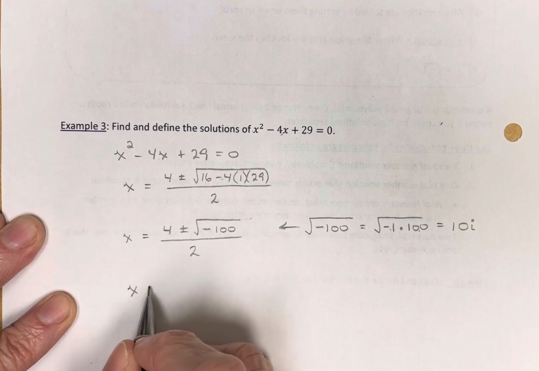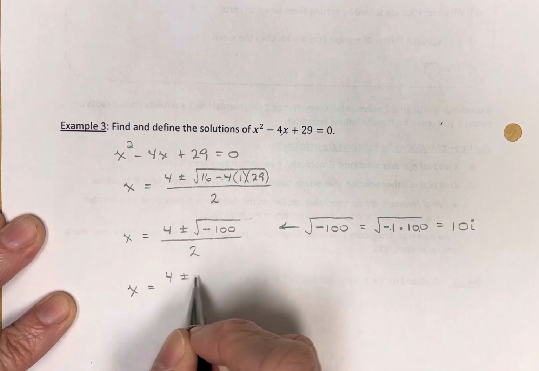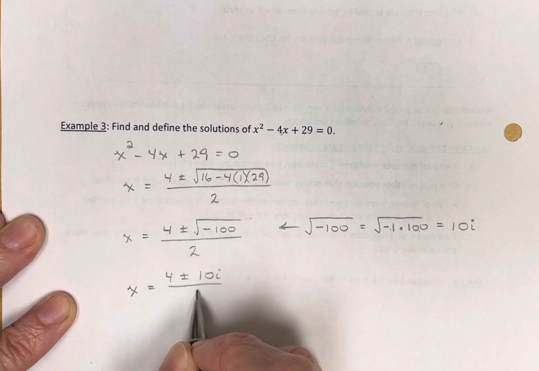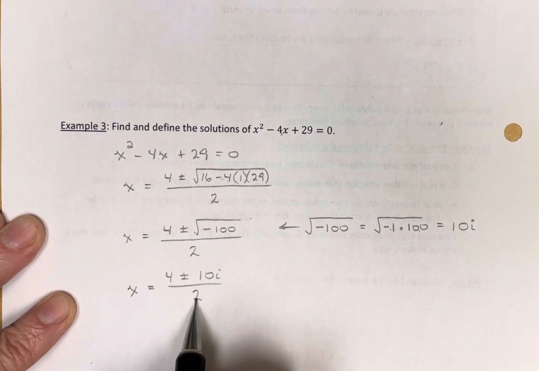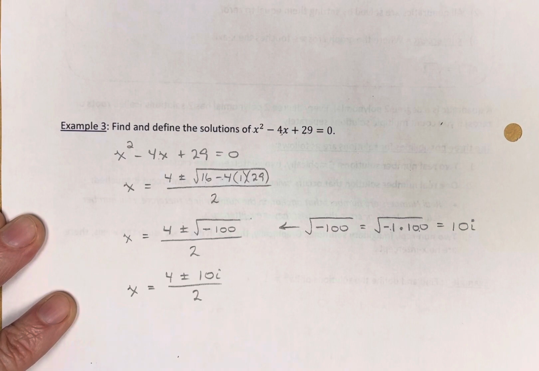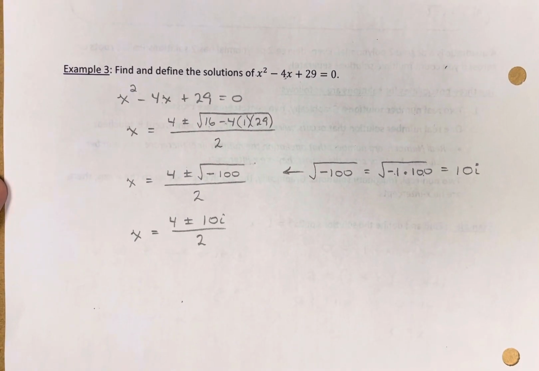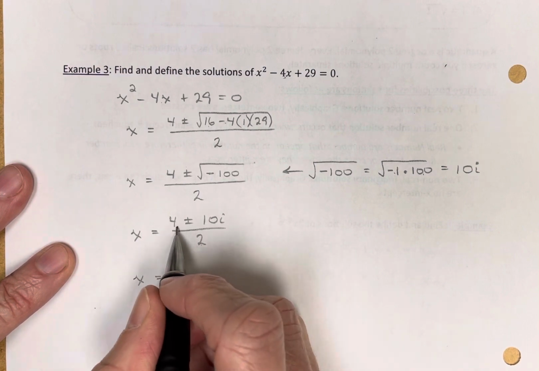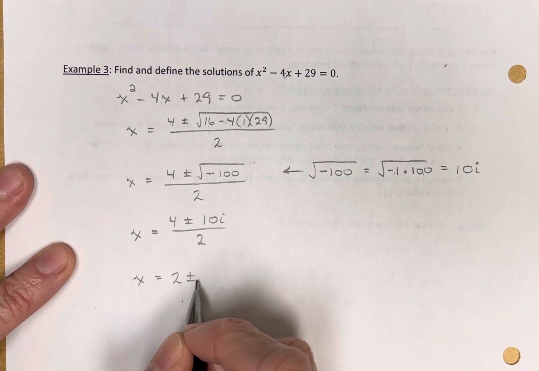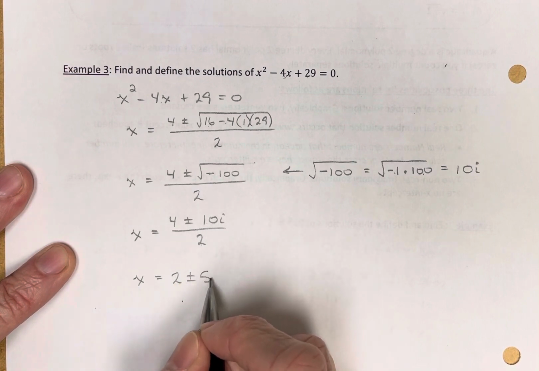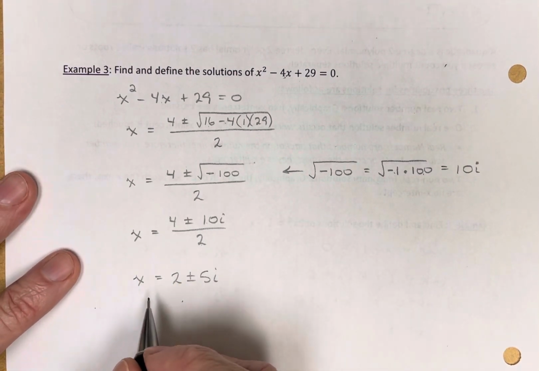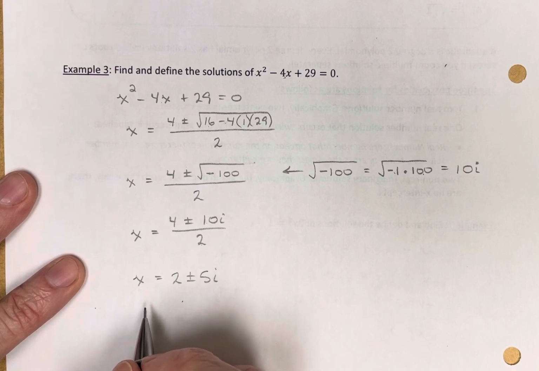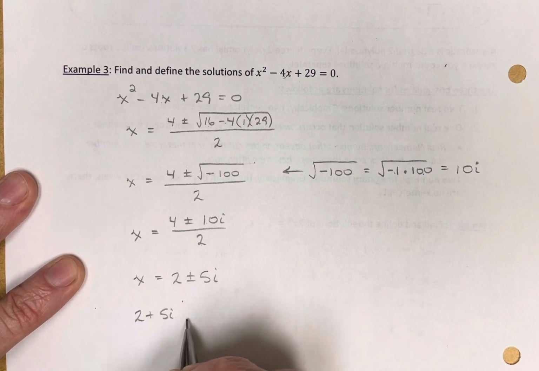So let's rewrite that. X equals 4 plus or minus 10i over 2. This is a common denominator. Okay, the 2 goes to both the 4 and the 10i. And so I'm going to come up with the answer. 4 divided by 2 is 2, plus or minus 10i divided by 2 is 5i. So I have two solutions. Of course, I always have two solutions when I deal with quadratics. 2 plus 5i and 2 minus 5i.